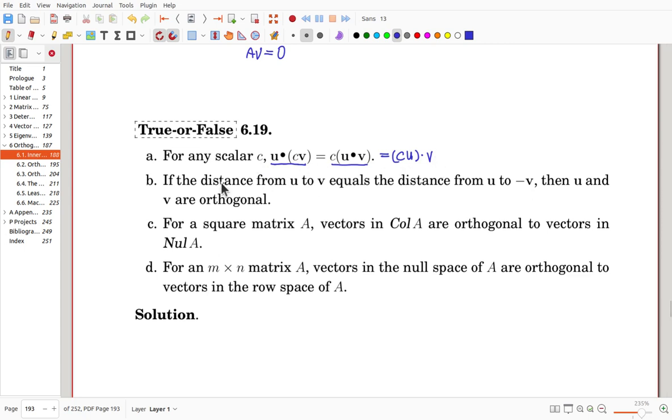So it is true. If the distance from u to v equals the distance from u to minus v, then u and v are orthogonal. For this one, it is true, and we can explain it geometrically.